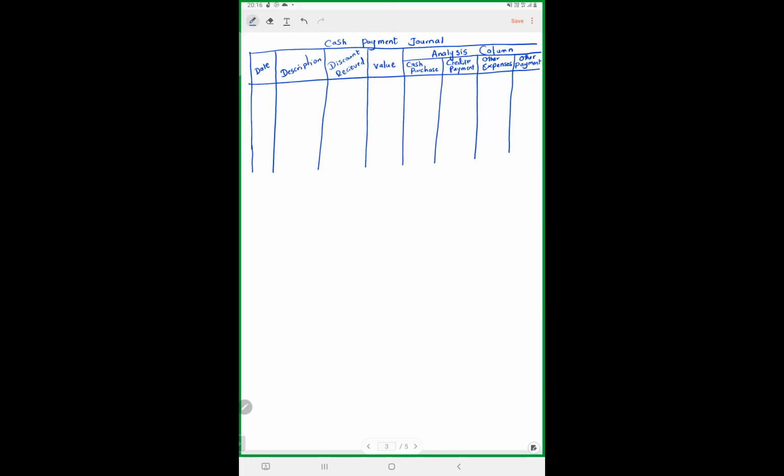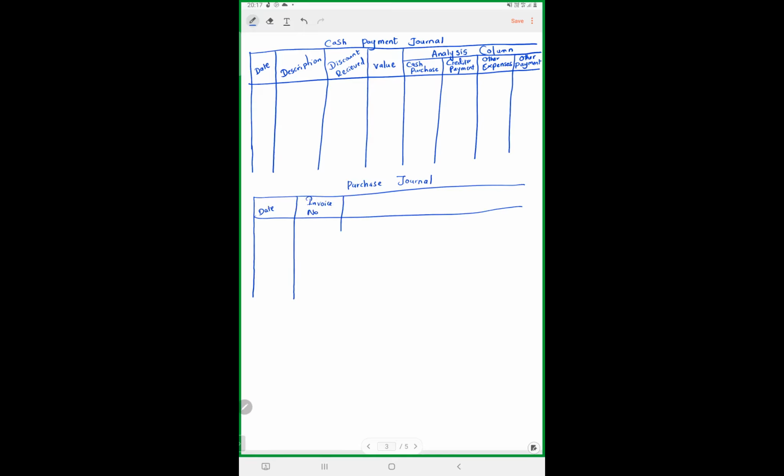Now we have developed the cash receipt journal and also the cash payment journal. The next one is the purchase journal. You remember the format we discussed yesterday. Date, invoice number.